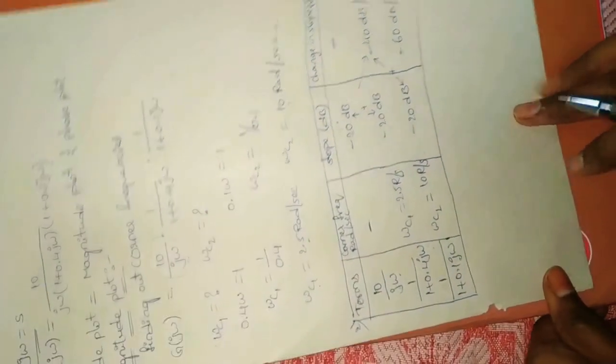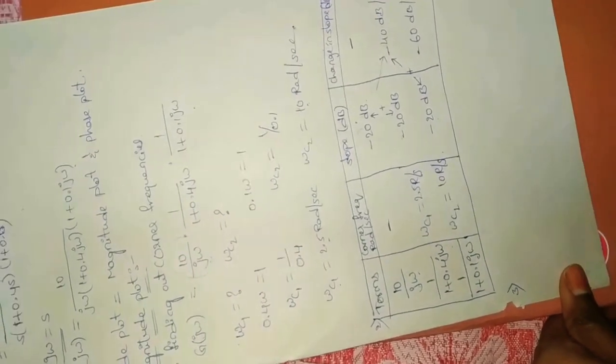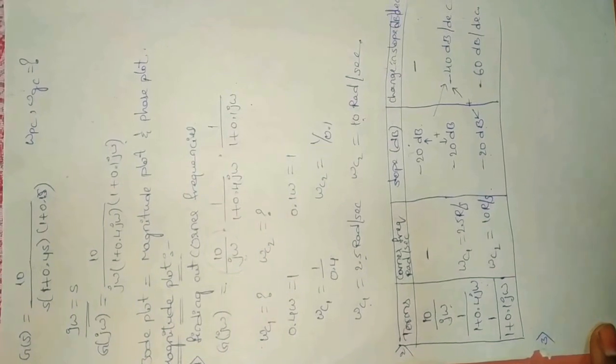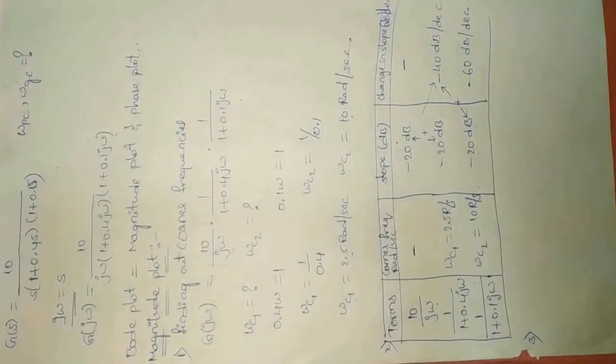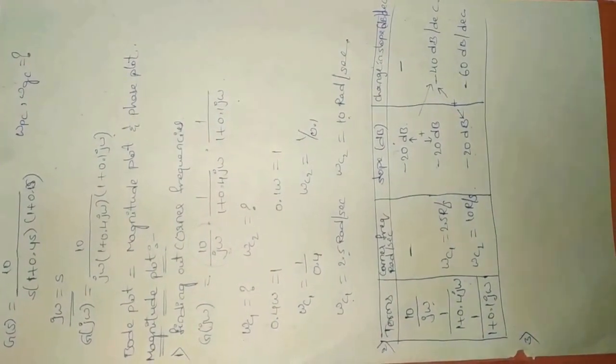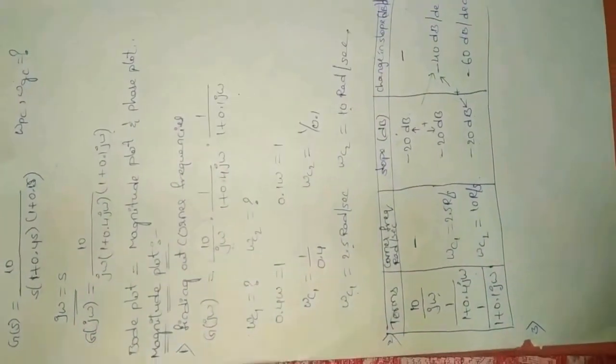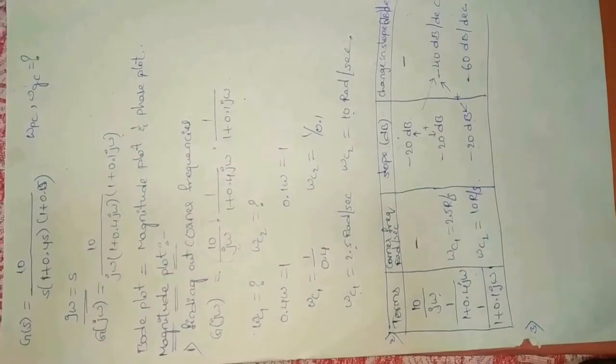Okay, next step is we need to choose one low corner frequency and one high corner frequency, and at those points you need to calculate the magnitude.